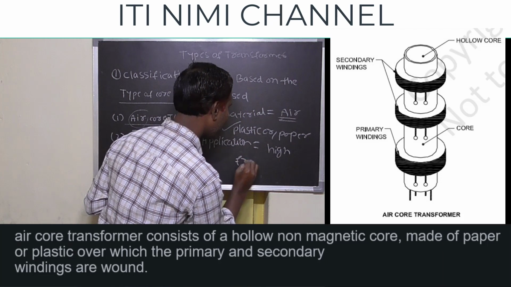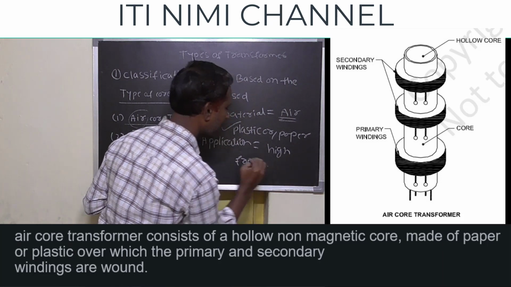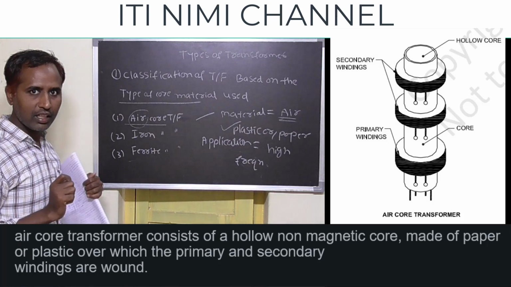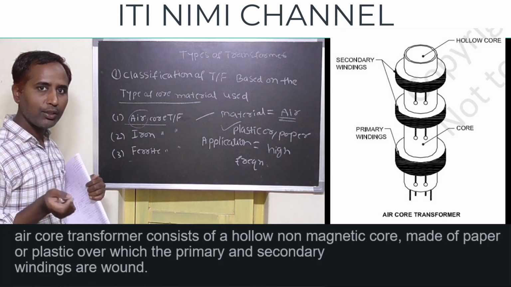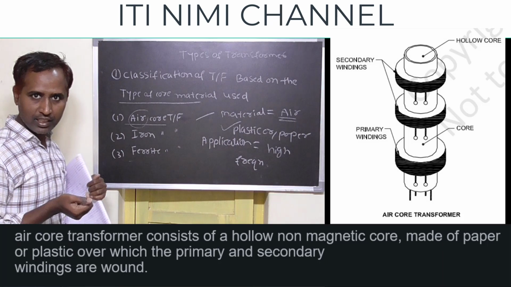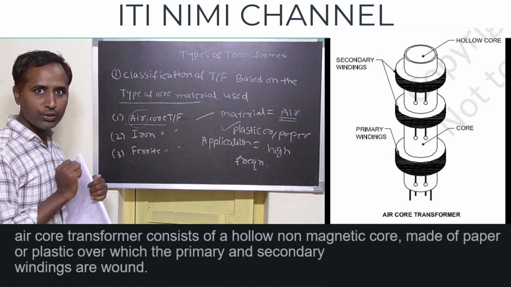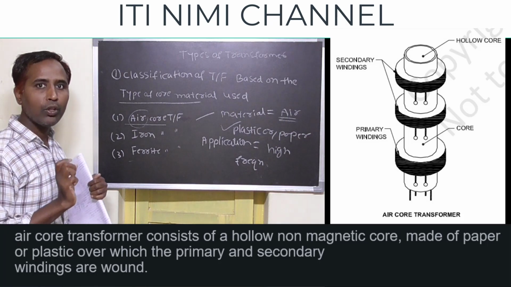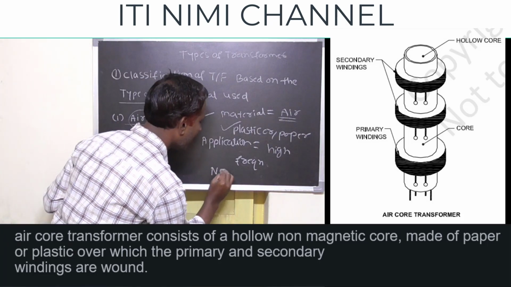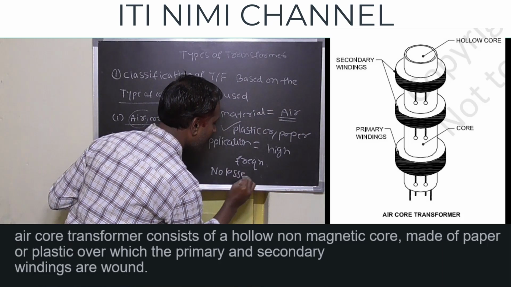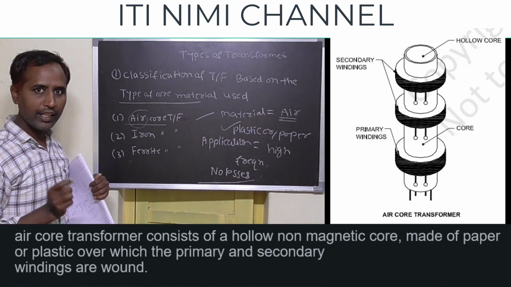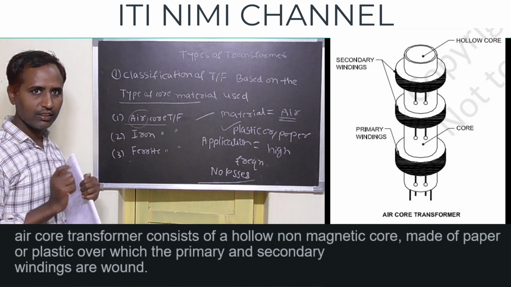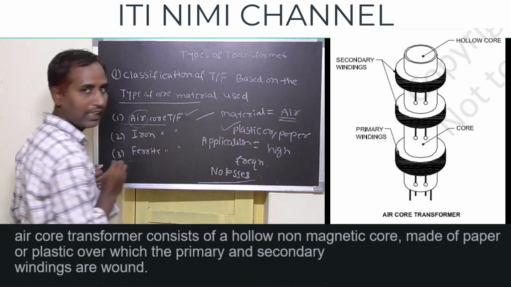Next we can ask ourselves why air core transformers are used in high frequency application. Other transformers also used, right? Because the air core transformers having no losses. Because of this reason, air core transformers are used in high frequency application. Okay friends, this point is clear.